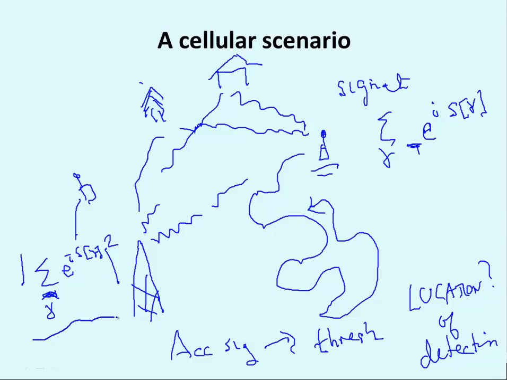This is exactly the same expression that occurs in quantum mechanics. So let me recap again. The tower is transmitting a signal. The signals bounce around, creating multipath. The cell phone moves in this field of signals. At each point, it accumulates the signal and continues to move. When the accumulated signal reaches a certain threshold, we say that there's a detection. The probability of the detection occurring in a particular location is proportional to this path integral expression, absolute squared, just like quantum mechanics.